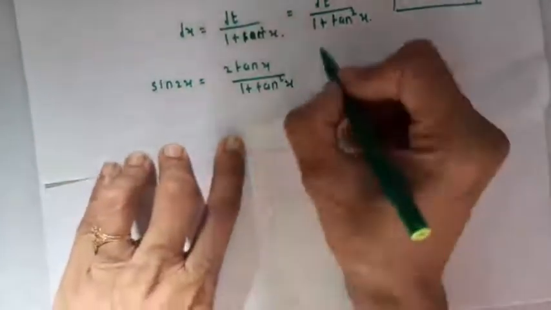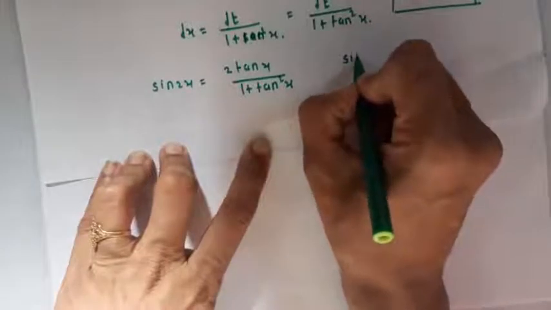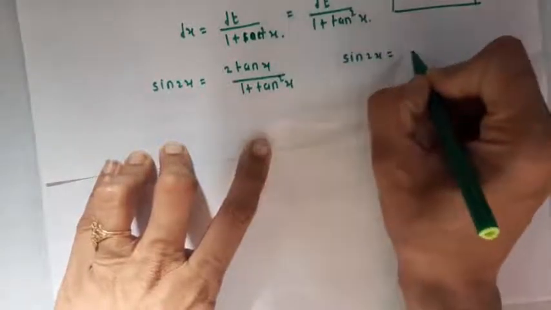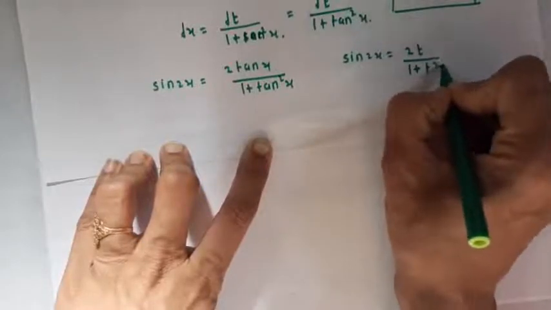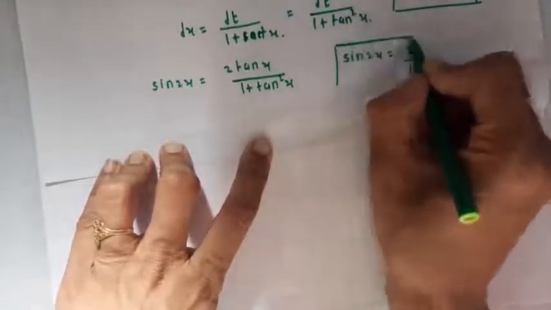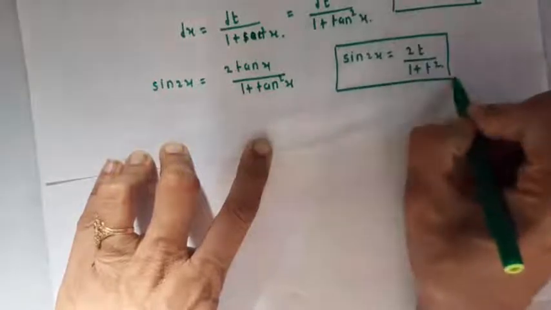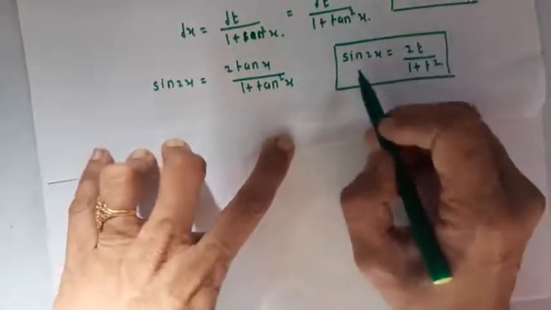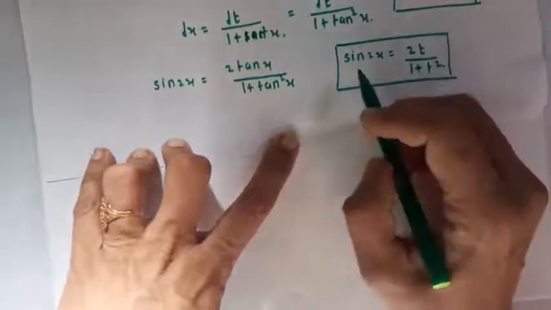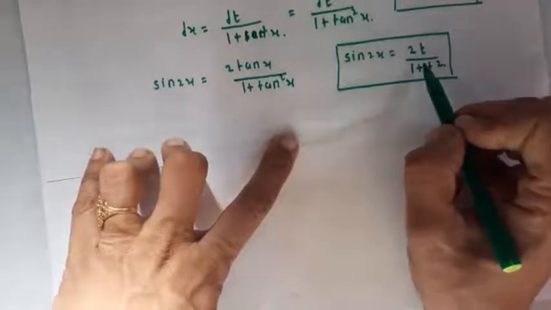So putting in the value, we get sin of 2x equal to 2t upon 1 plus t square.